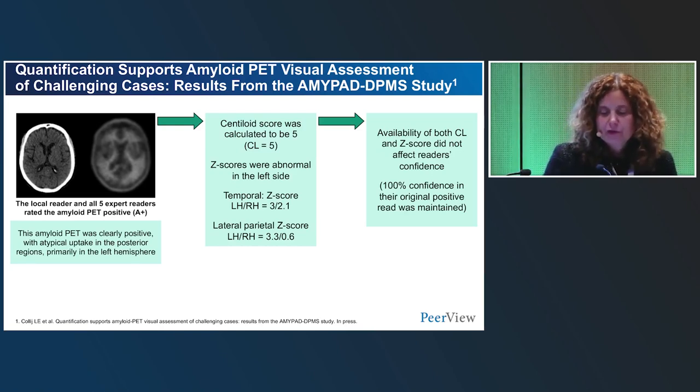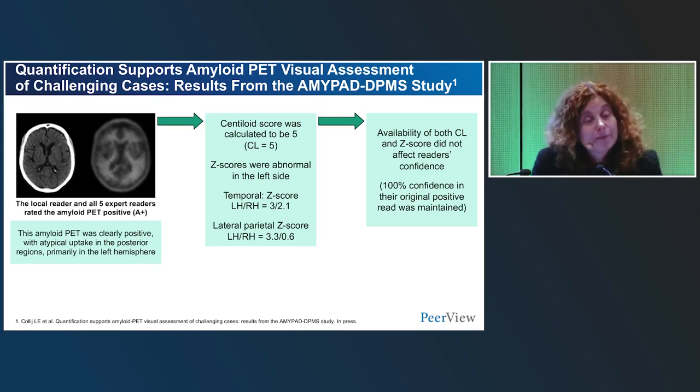It was positive for us, but it's somehow, again, atypical, more occipital, which is not even among the regions for florbetaben, but in any case, especially on the left side. But the centiloid value was, let's say, negative, 5 centiloids. Why? Due to the volumetric region of interest that centiloids apply, due to the fact that it is a regionalized positivity and centiloids are a global score.